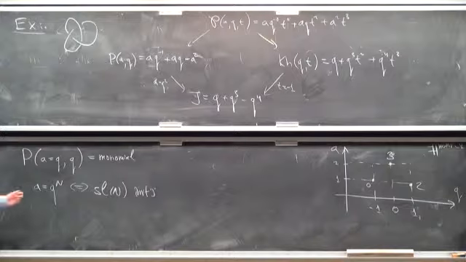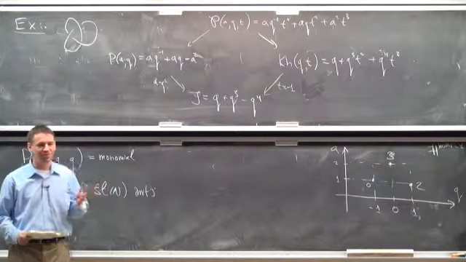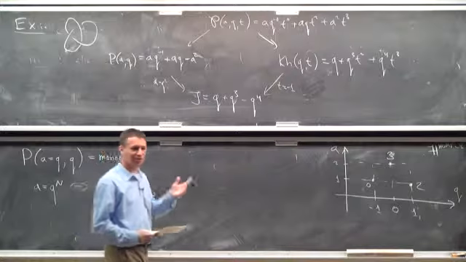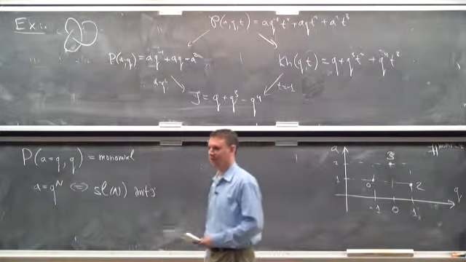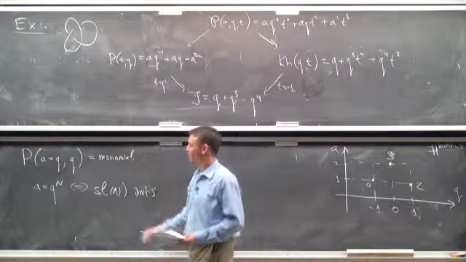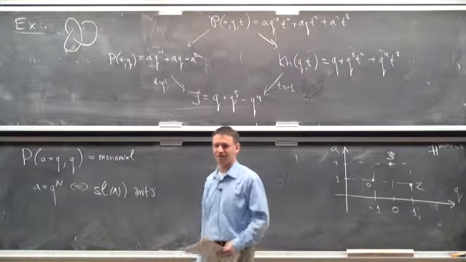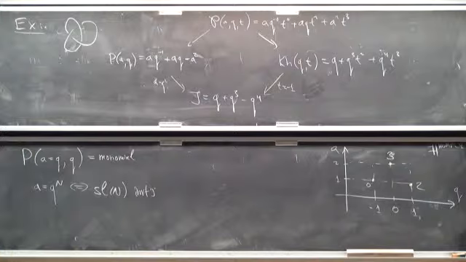Therefore, a equals q means SL1. And SL1 theory in every world is trivial, right? So therefore, the quantum group invariant of any knot associated to something trivial should be trivial. It should be probably just identity, or maybe, if you use some shifts in various degrees, a single monomial.